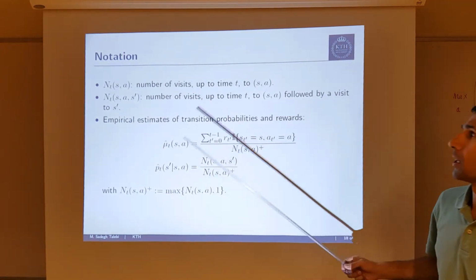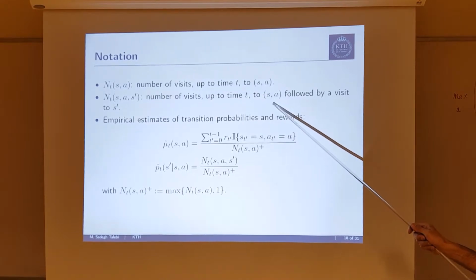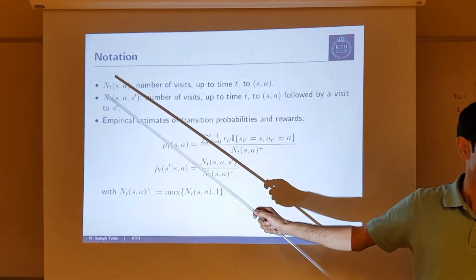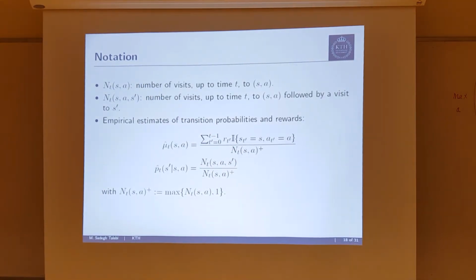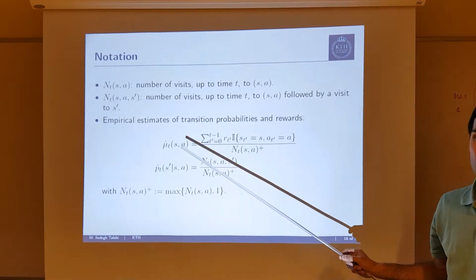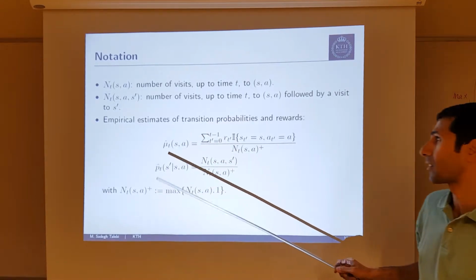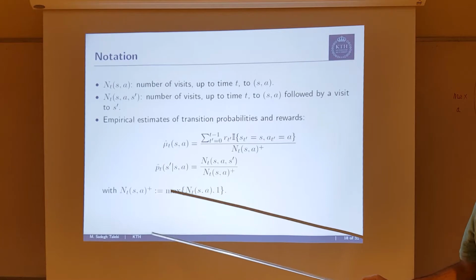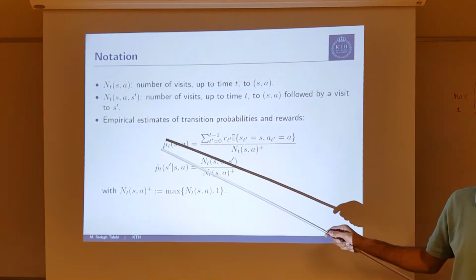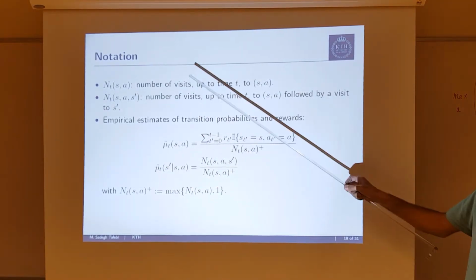Very simple. Similarly, N_t(s,a,s') is the number of visits up to time t to (s,a) where a visit to state s' followed. We don't know the average rewards and the transition probabilities, but we can at least empirically estimate them. So these are simply notations for empirical estimates of average rewards and transition probabilities.